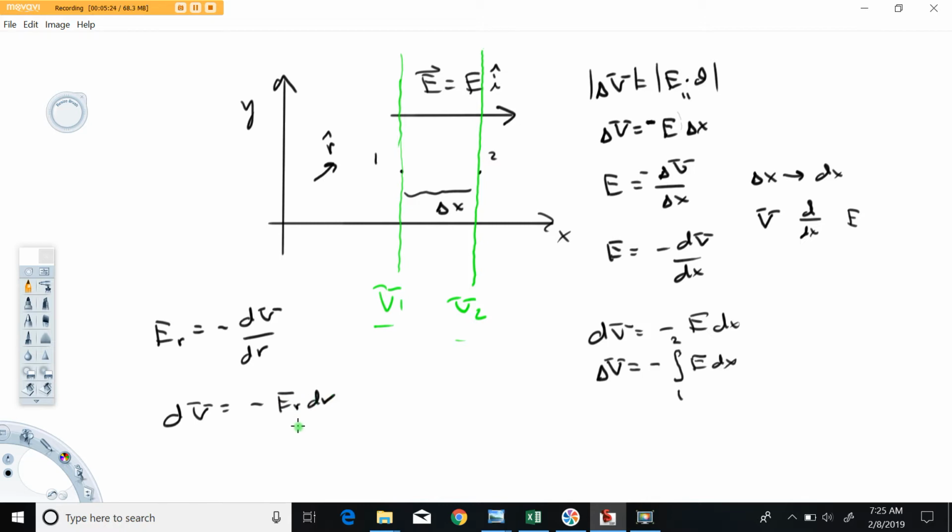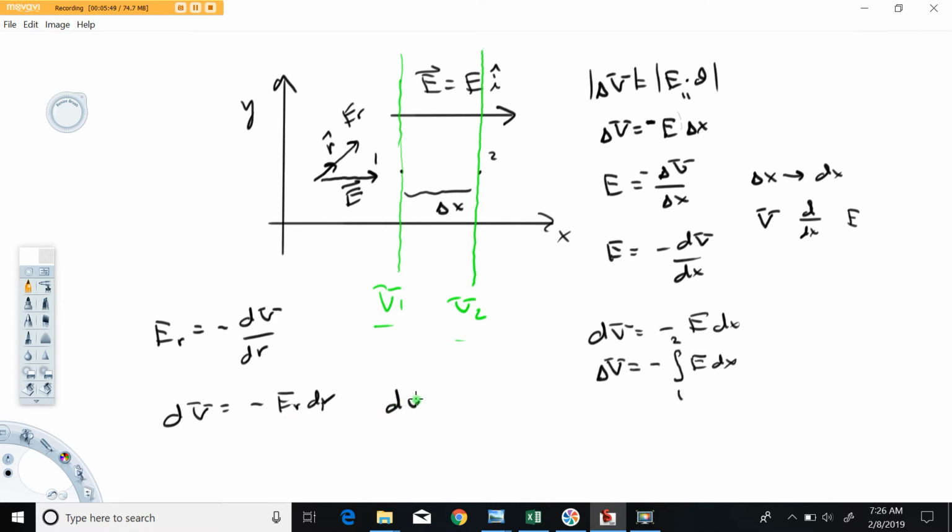Before we integrate, let's talk about this a little bit more. E sub r dr basically means this. Here in this picture, we have the electric field vector E. E sub r is the component of that electric field in the direction of r, whatever that happens to be. And this expression becomes a dot product.